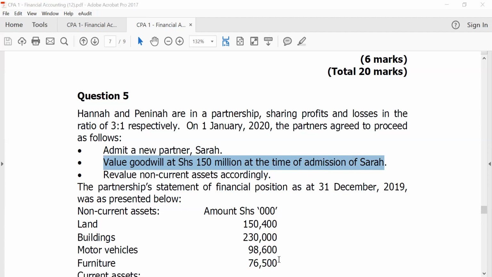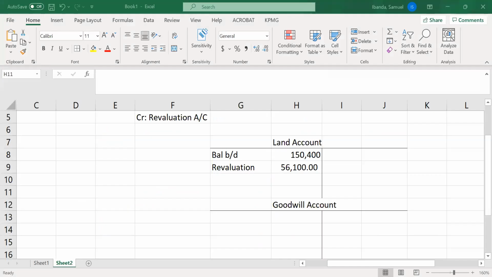Now, when you're looking at the goodwill account, the examiner is trying to look at what is the old sharing ratio vis-a-vis the new sharing ratio.